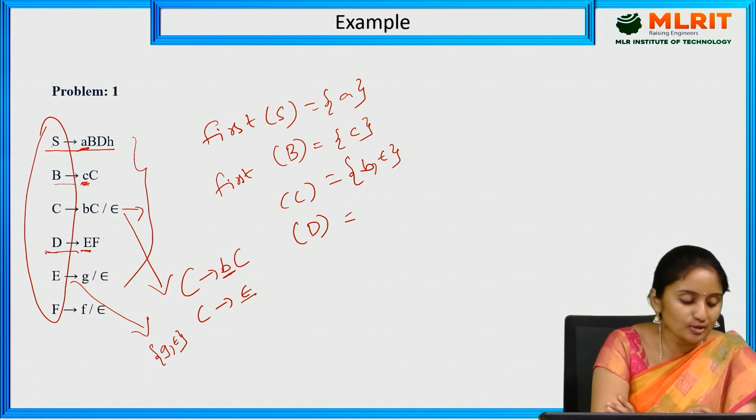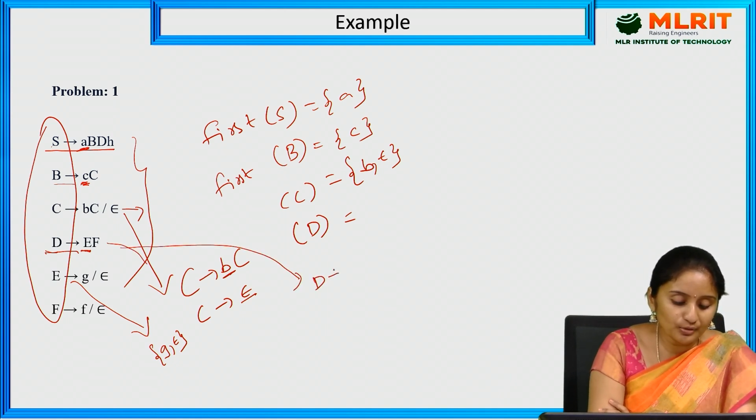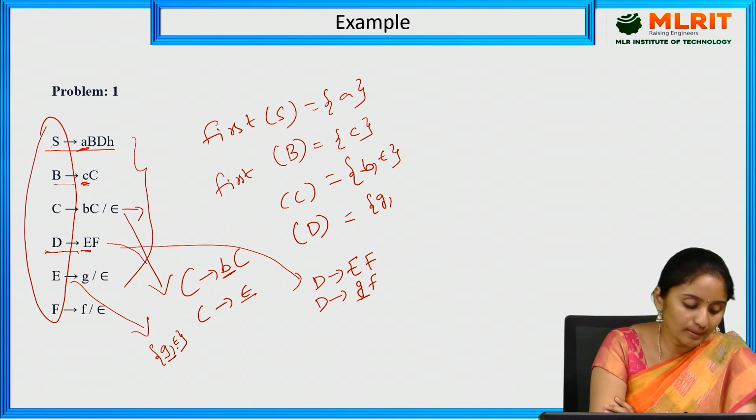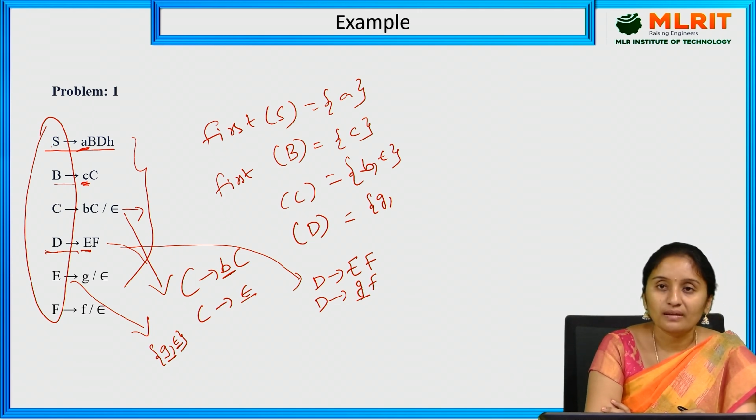Then I will substitute in D produces E F, in the place of capital E. Instead of E, I use G F. So First of D gives small letter G. The next, what I have is epsilon.